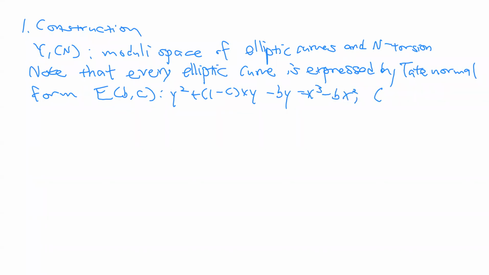And obviously it has one rational point, which is (0, 0). And so, in fact, we can identify Y1(n) as pairs of elliptic curves given by this equation and this n-torsion point, well, if it is n-torsion.